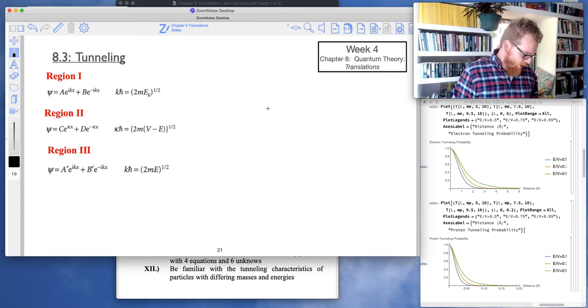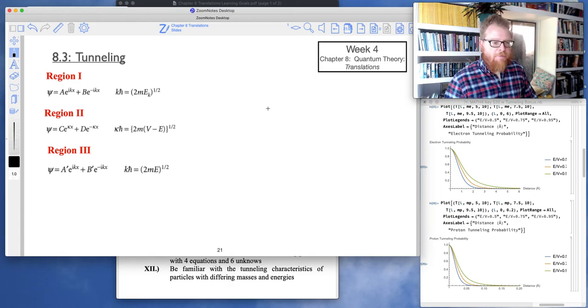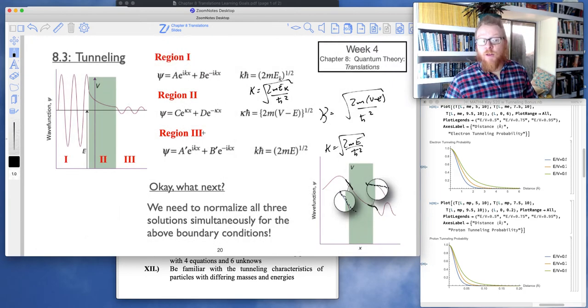So the first thing we note is the values of psi have to be all equal to each other. And so I'm going to define this in my picture here.